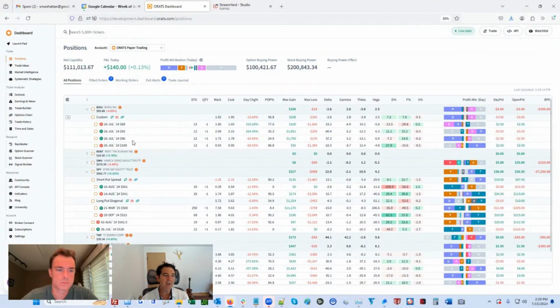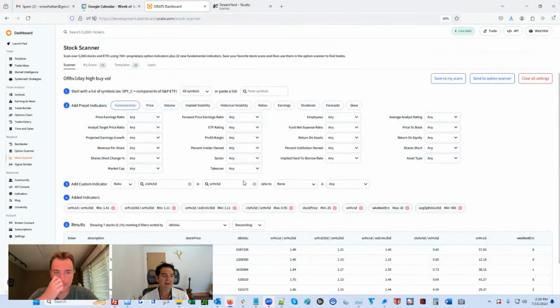So in the stocks that we've identified, they all have a good 1 day divided by implied, a 1 day divided by 20 days of movement, and a good forecast divided by the 20 days of movement, but also a low close to close.